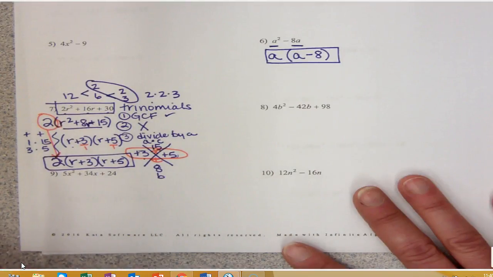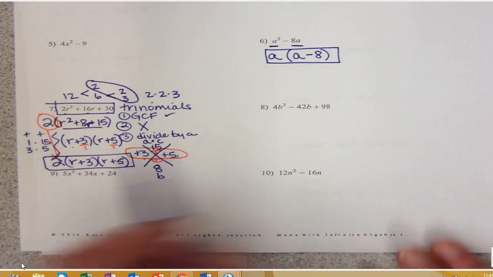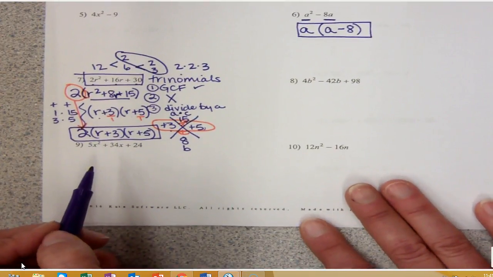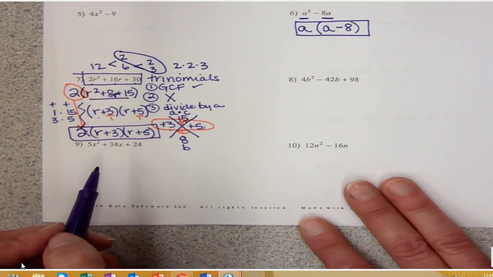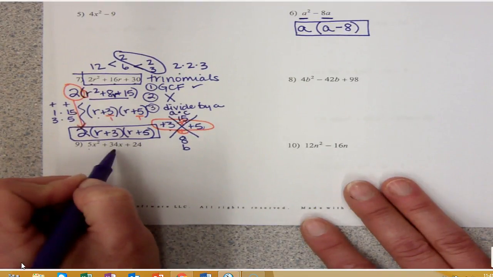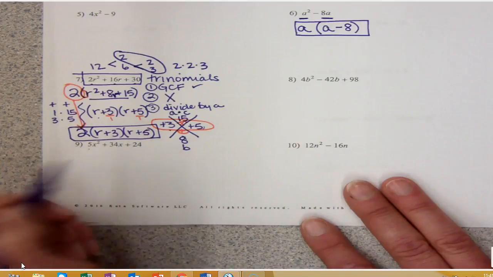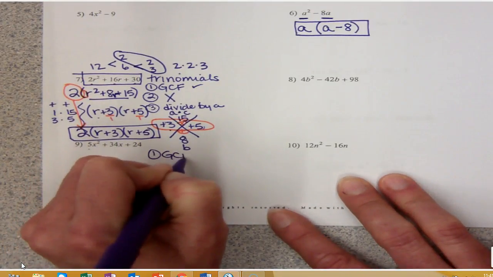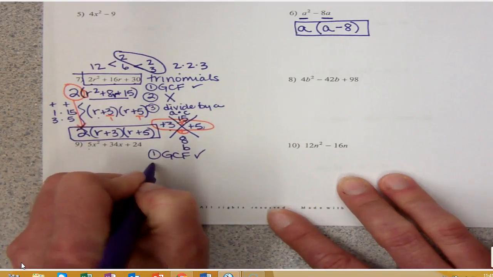It's the same concept. Okay, so if we were to use one, let's do number 9, since that one does not have a greatest common factor. 5 does not equally divide into 34 or 24. So I've checked greatest common factor. I've checked it. We don't have one.